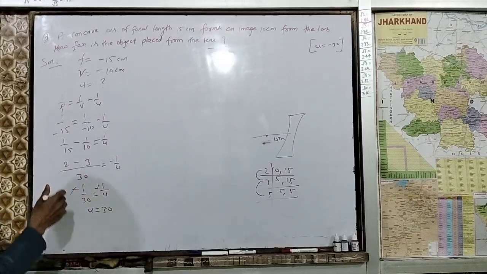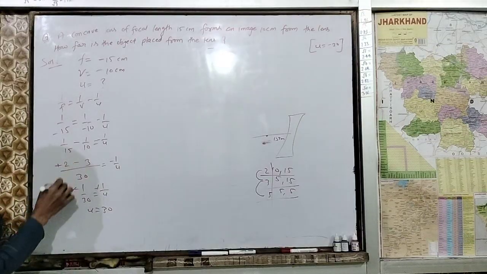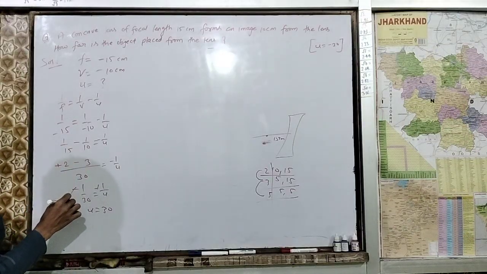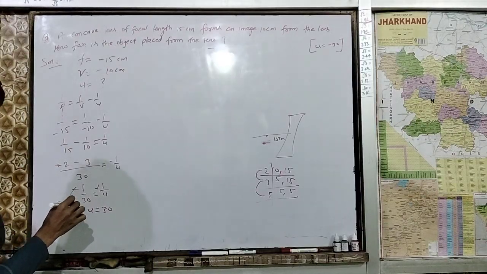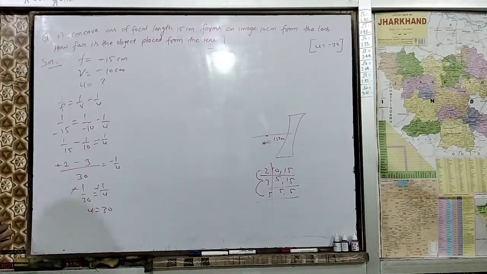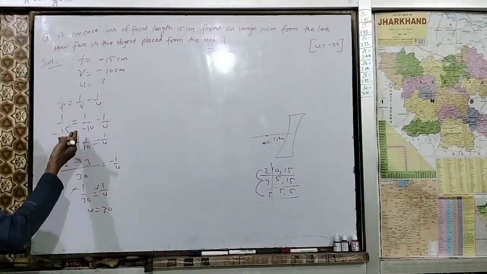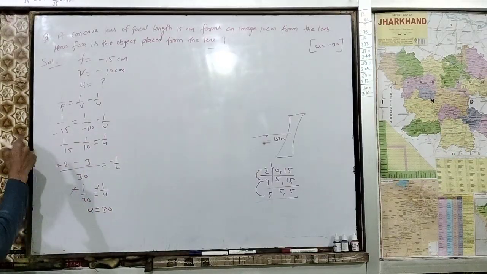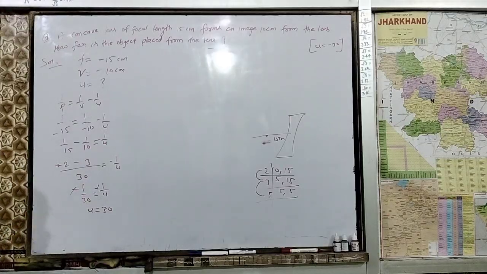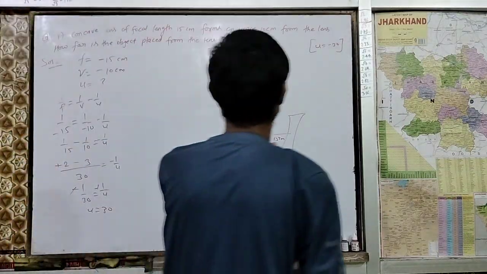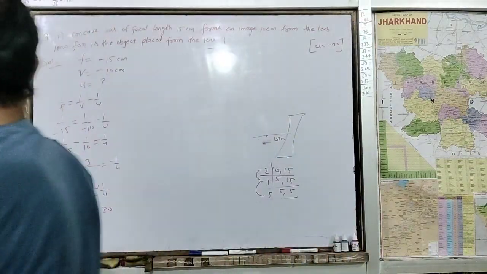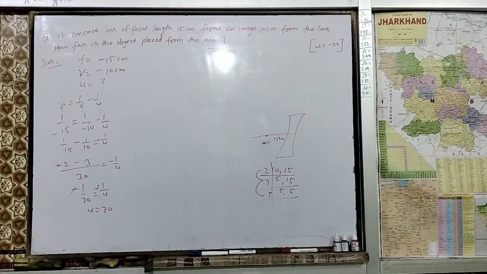But remember, here we have this plus and this minus. So my plus will become plus, and now u is coming as 30 centimeter.